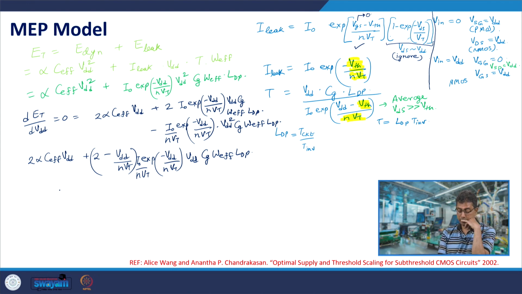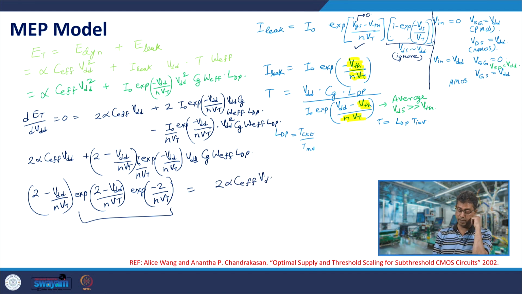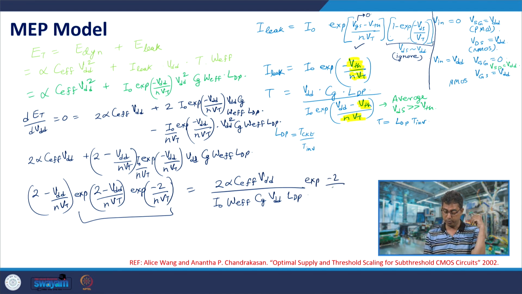So, now you can rewrite this as (2 minus VDD by NVT) into exponential (2 minus VDD by NVT) into exponential minus 2 by NVT is equal to 2 alpha C effective VDD by I naught W effective Cg VDD LDP exponential minus 2 by NVT.